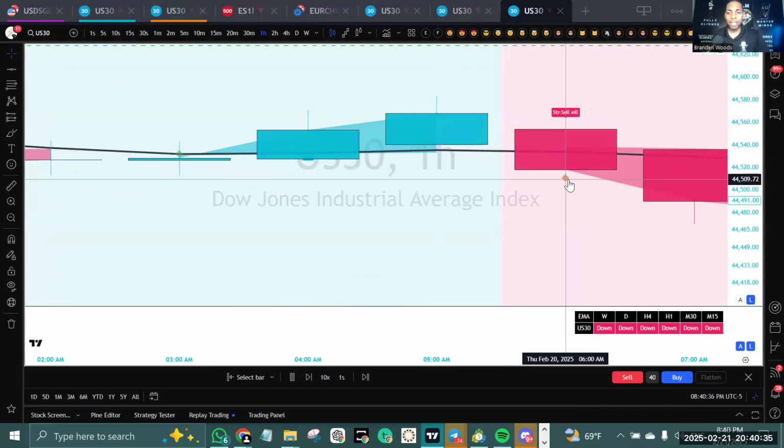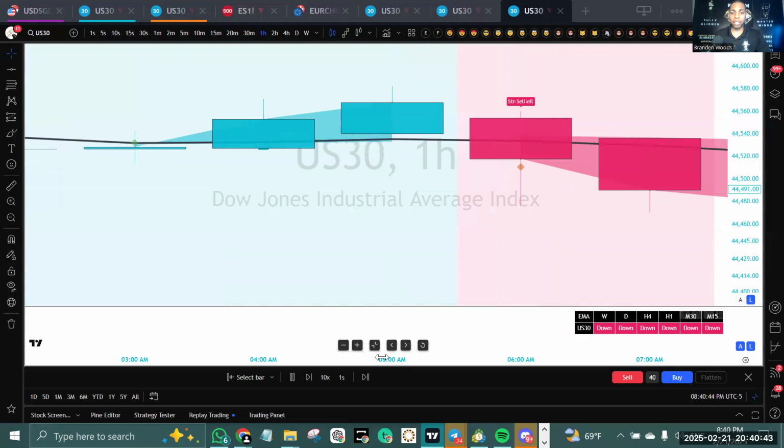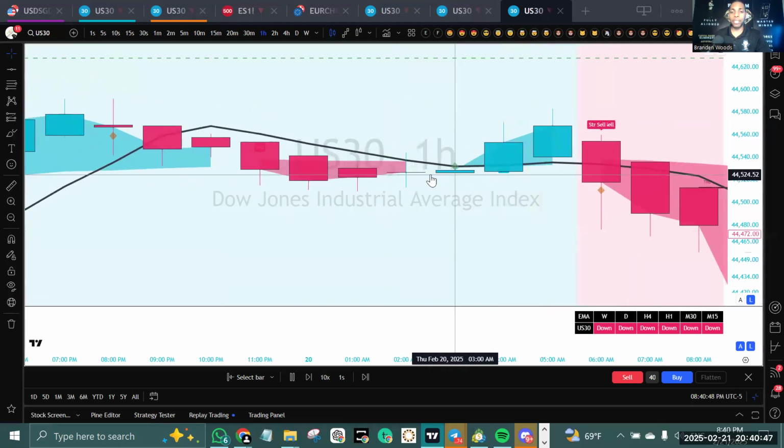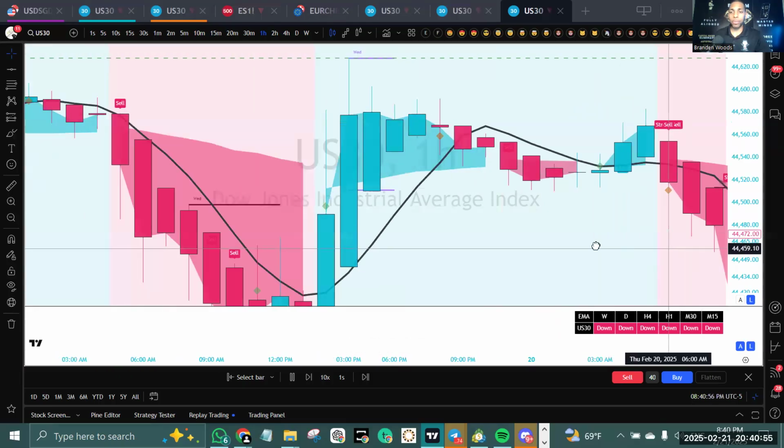This means that, hey, if you're in a buy, you can cut out of it, because we're about to start selling for a second. And for the green, if you're in a sell, hey, look, you can cut out of it. We're going to be buying for a little bit, okay? So that's what those are for.